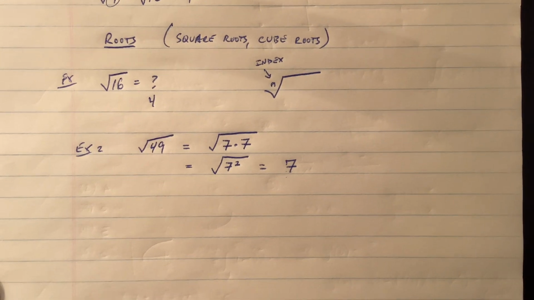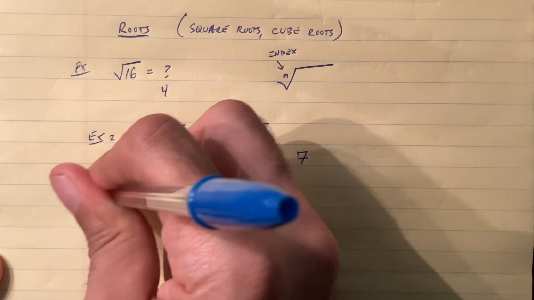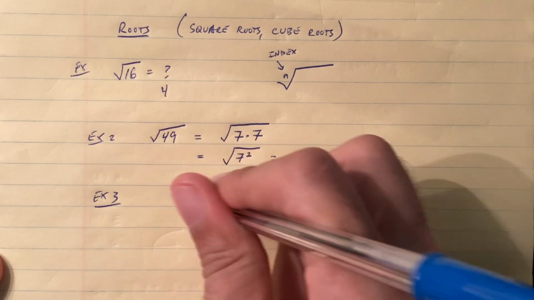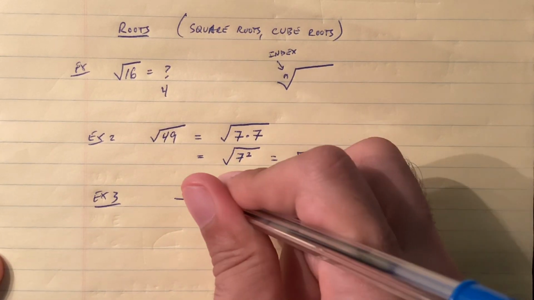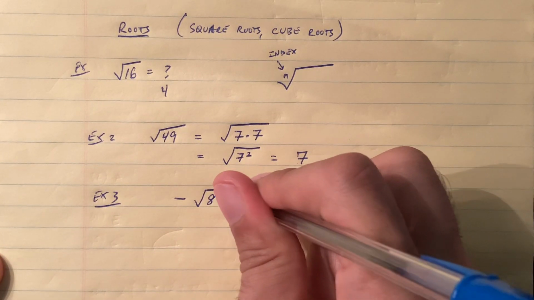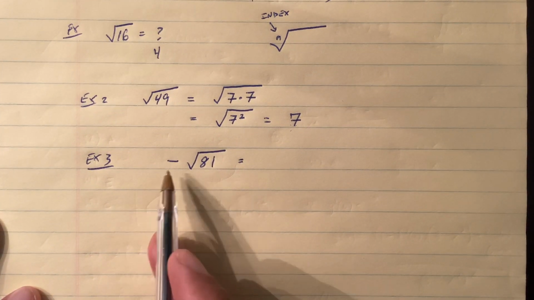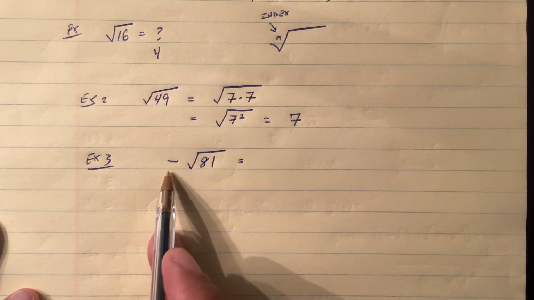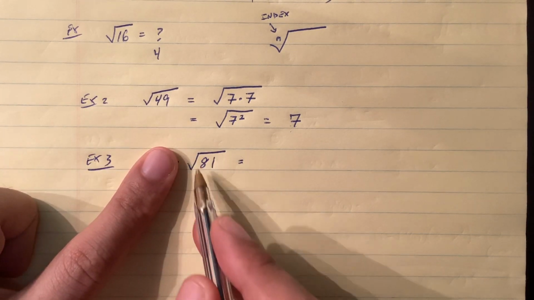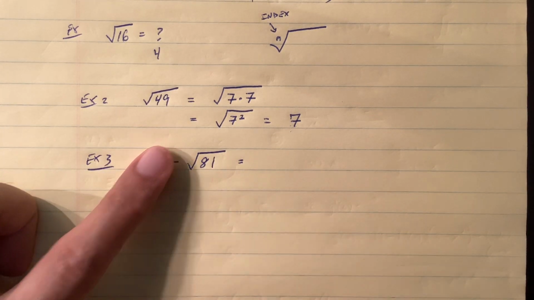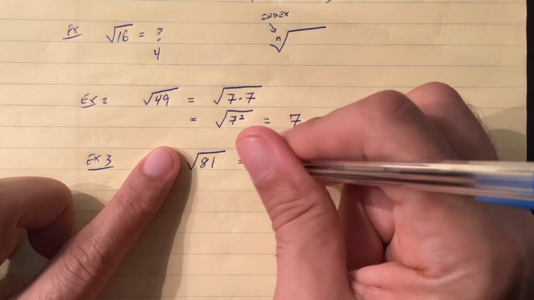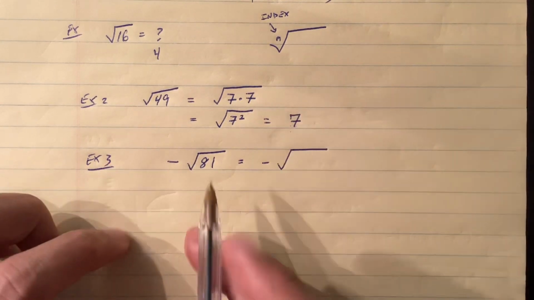All right. Let's do a few more, get some repetition. Very, very similar. The only thing that's different, there's a negative in front, but that's not going to change what we do. We're going to focus on the inside of the square root first. Same idea. 81.